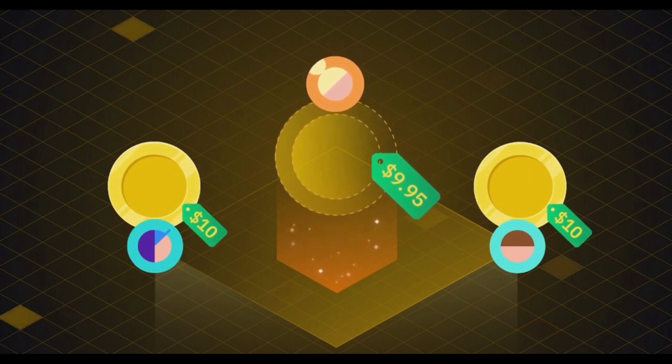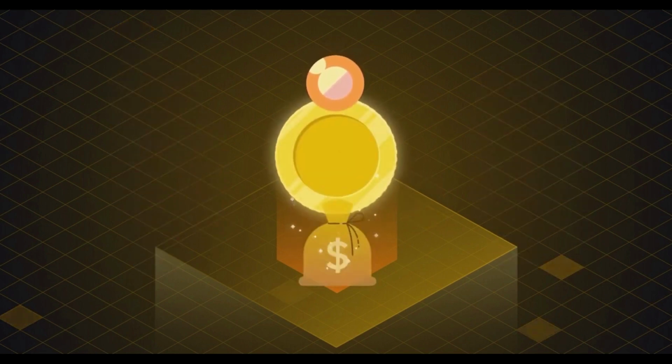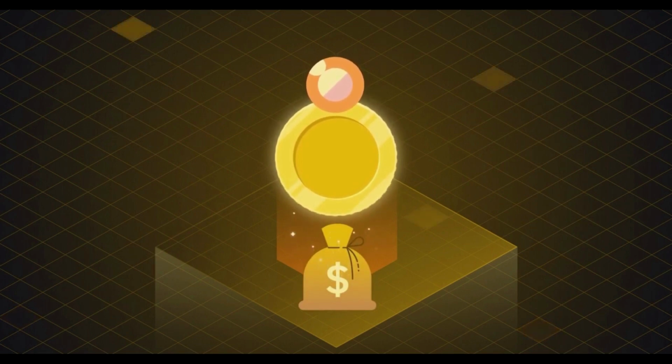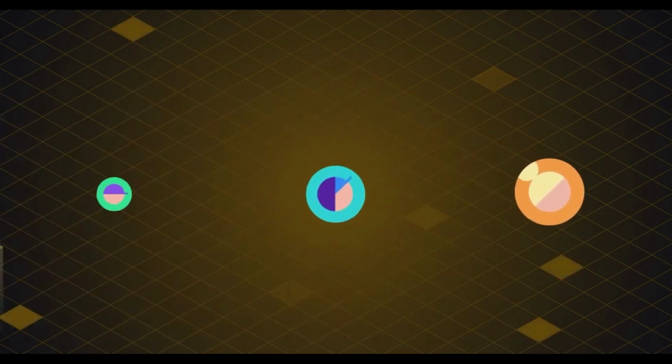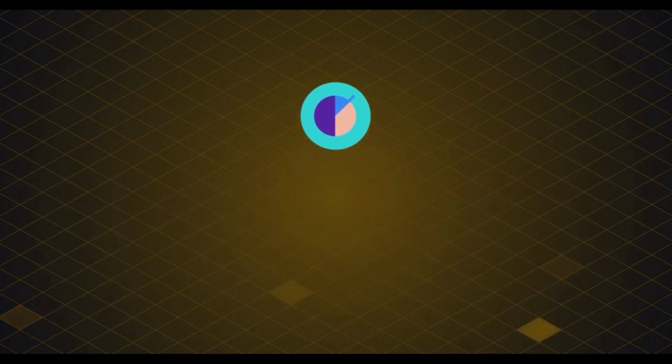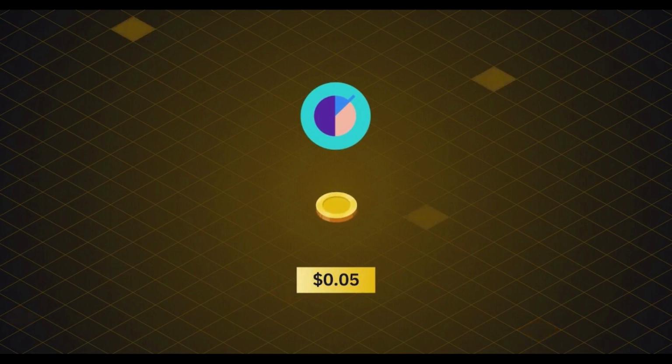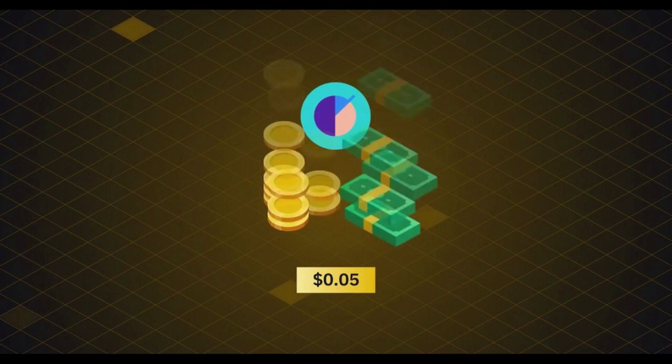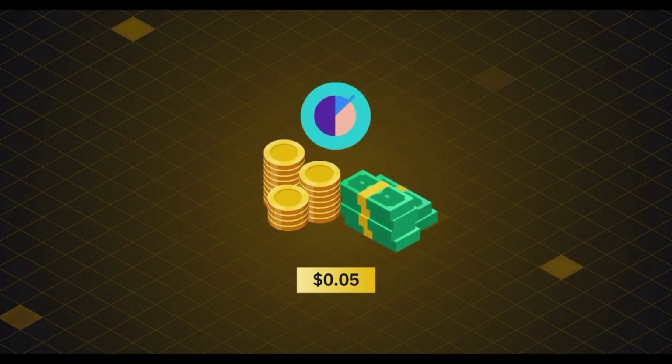Alice is also in a rush, so she decides that she will meet the scalper's offers and purchase cryptocurrency A for $10. The scalper uses the crypto he bought from Bob for $9.95 and sells it to Alice for $10. The scalper makes a profit of 5 cents on each unit of cryptocurrency A that he sells. This is a small amount, but they can make larger profits if they do this transaction over hundreds of thousands of units in a day.